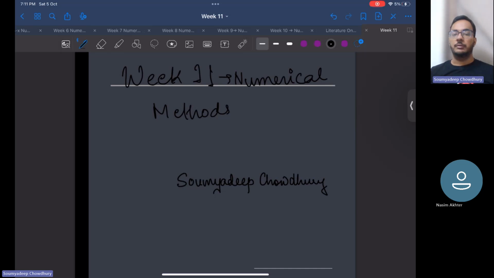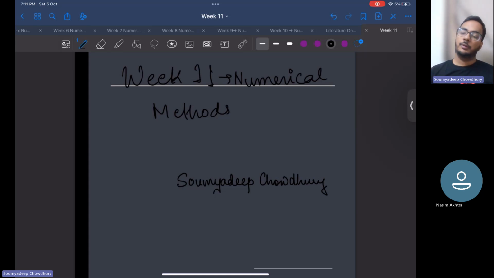All those techniques we were using here. So in the last class, we had discussed the different techniques of solving an ordinary differential equation numerically, like the Runge-Kutta order 2 and order 4 method. Then we had the Euler's method, and then we solved some problems on the different techniques.